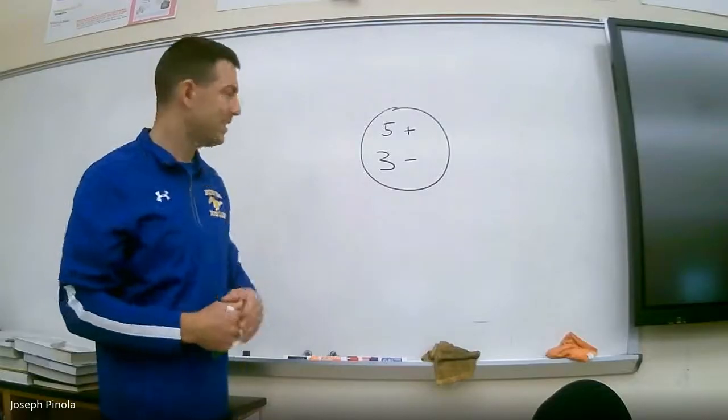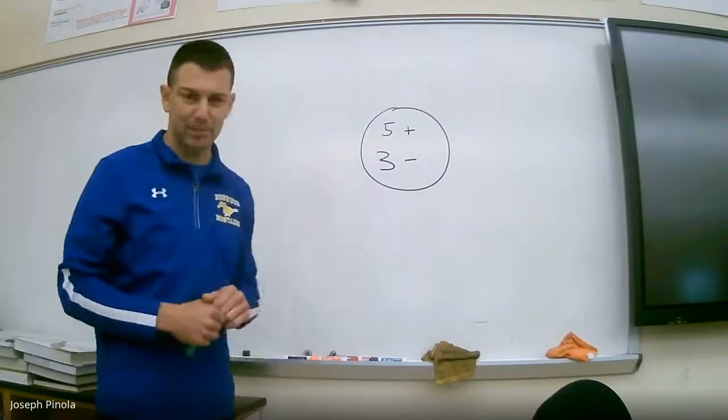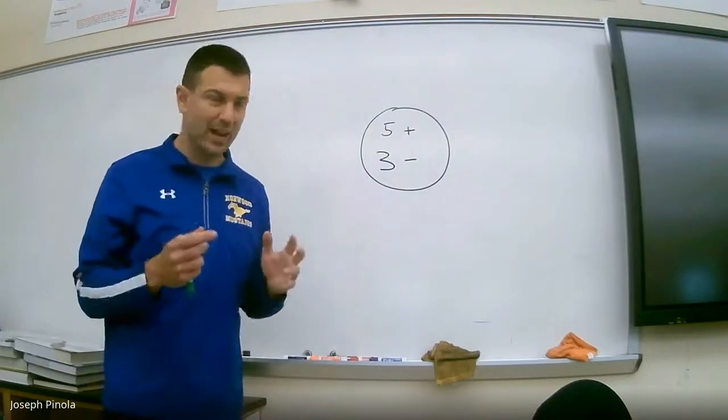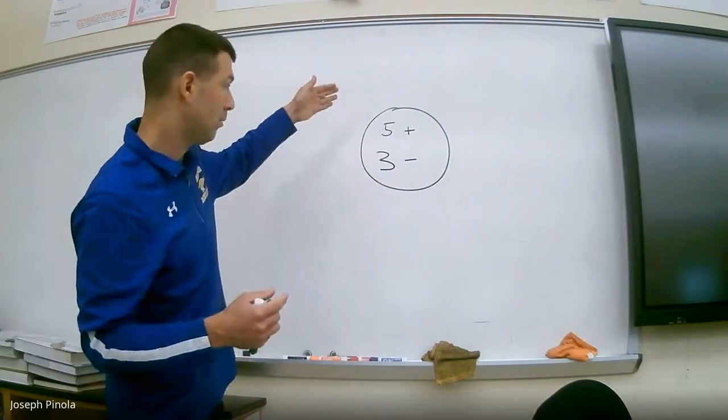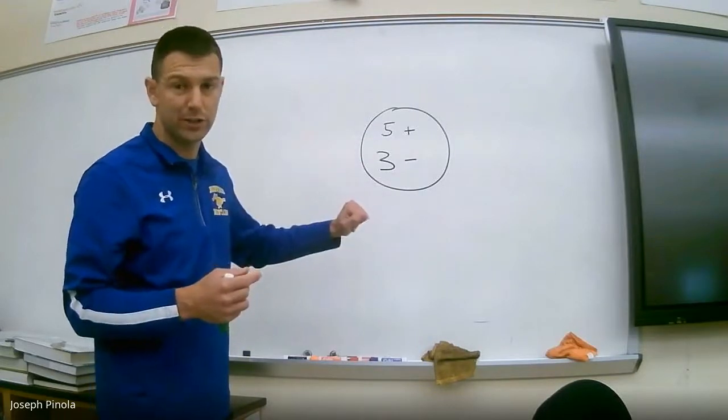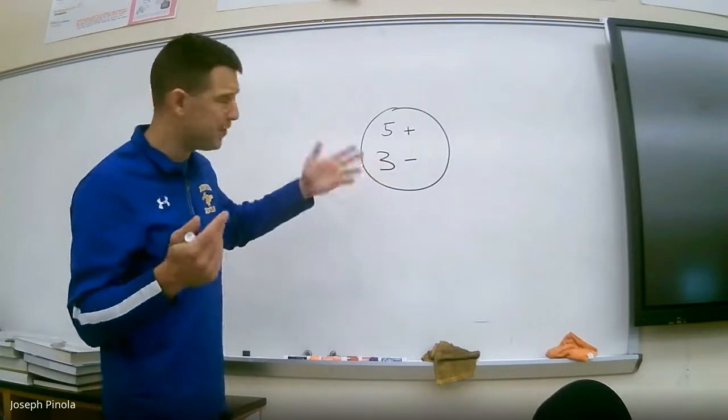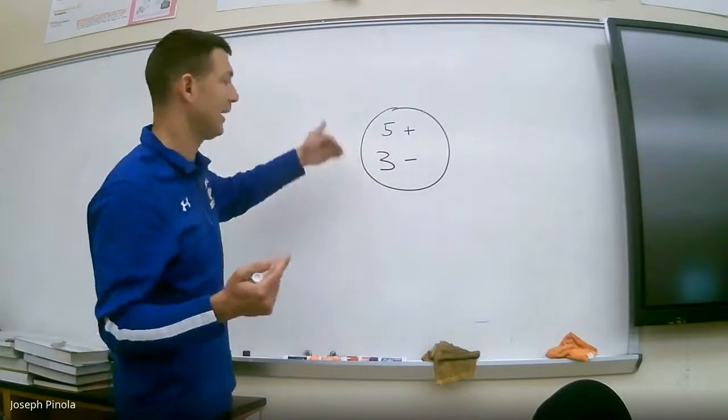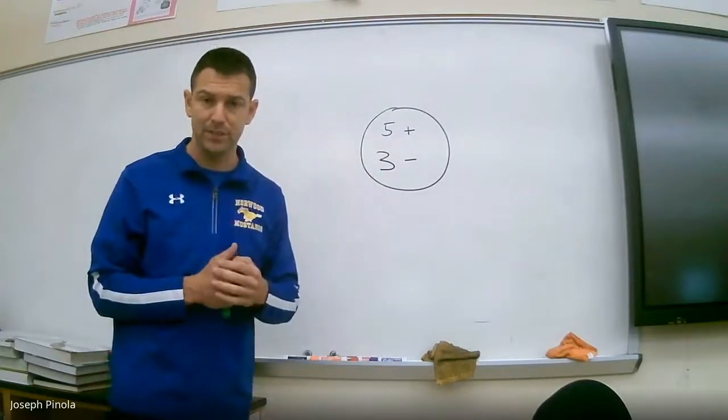Did you know that scientists have a name for an atom that's like this? An atom that has more protons than electrons? Or the same name would apply to an atom that has more electrons than protons.